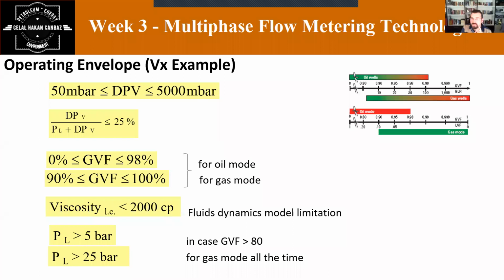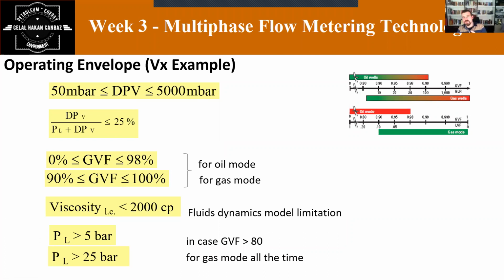It's not valid because the Mach number, which is the ratio of speed divided by speed of sound, exceeds one, and your Bernoulli equation is not valid after that. So because of that, it has to be below 25%.